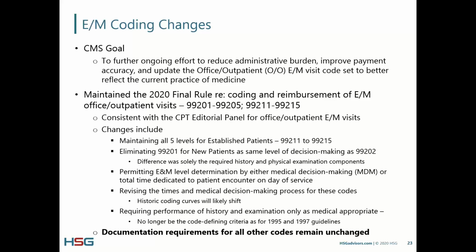I need to emphasize, and it's bolded on this screen, these documentation requirements are only for these codes. The documentation requirements for all other codes remain the same. They are not changed by this. The only things that change are the ones associated with 99201 to 205 and 99211 to 215. Any other code does not change.